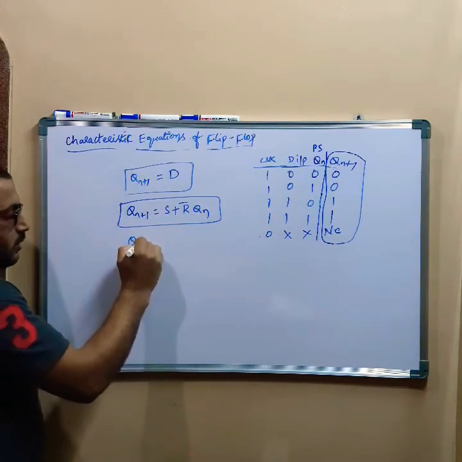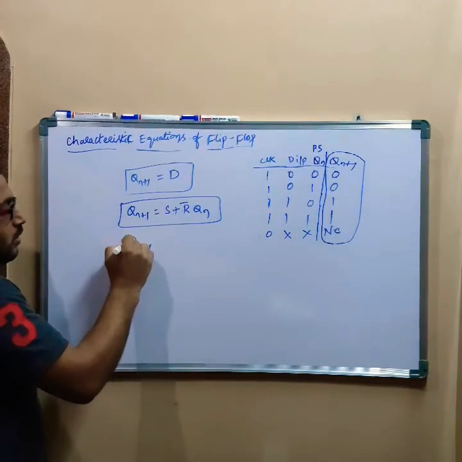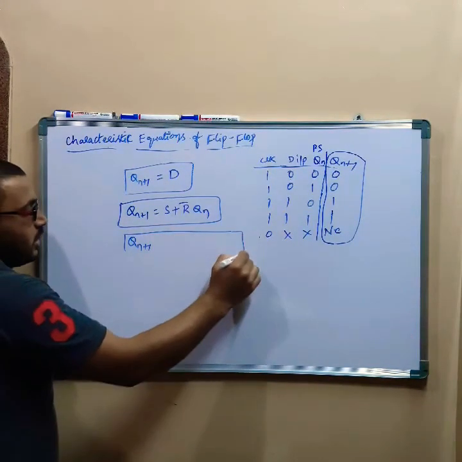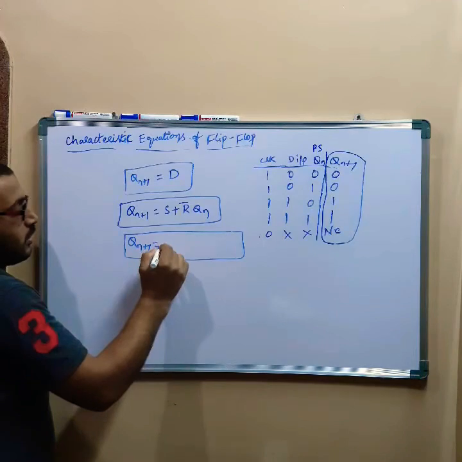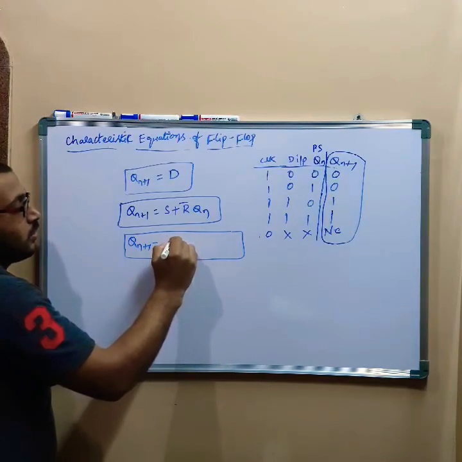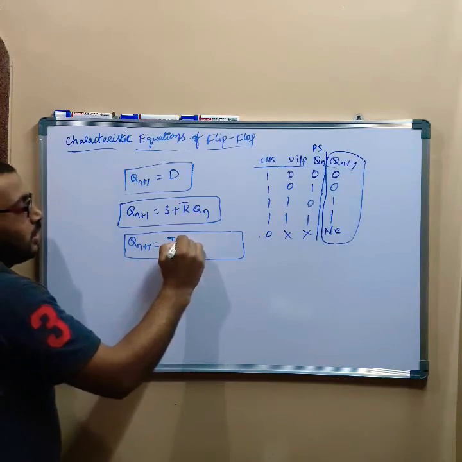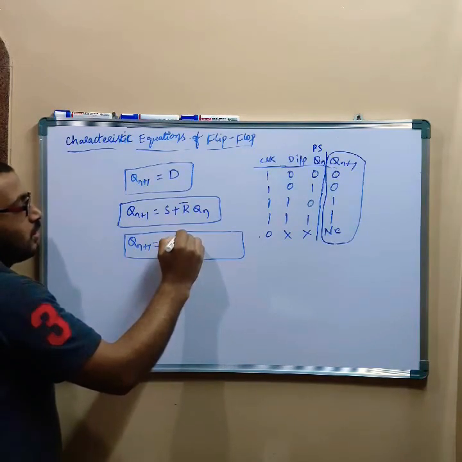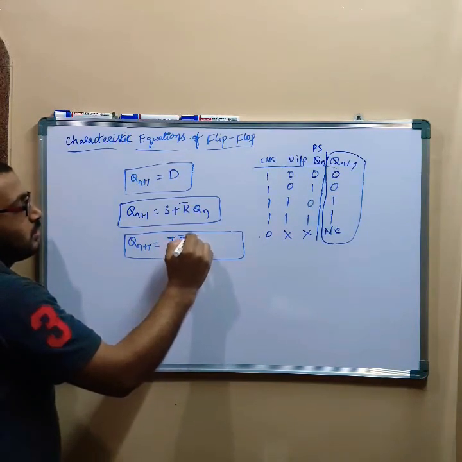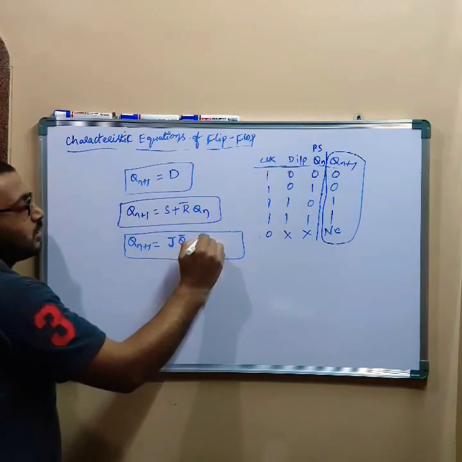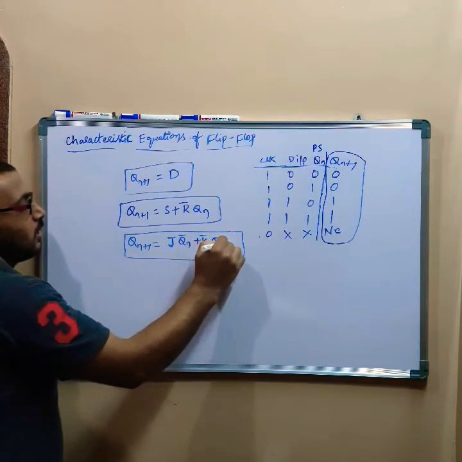The characteristic equation of JK flip-flop is Qn plus 1 is equal to J Qn bar plus K bar Qn.